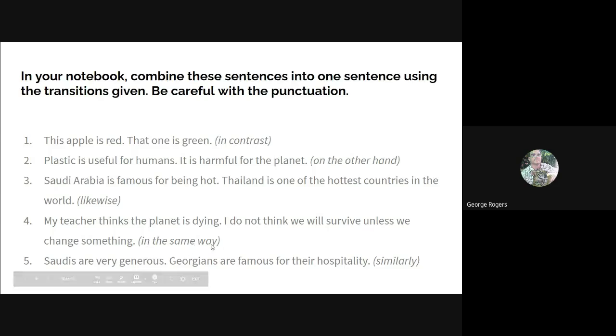So again, notice the word same in there. This is a comparison, a transition for comparison. So the teacher and the person that's talking or writing this have similar ideals. So again, we're putting this in one sentence. Try that.